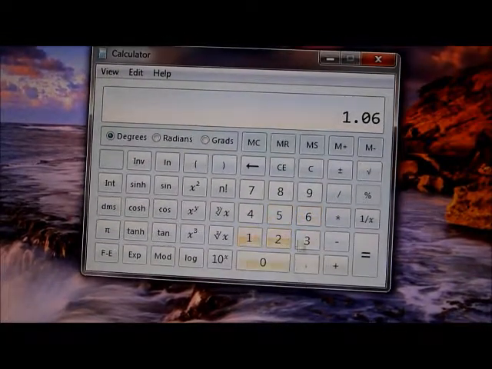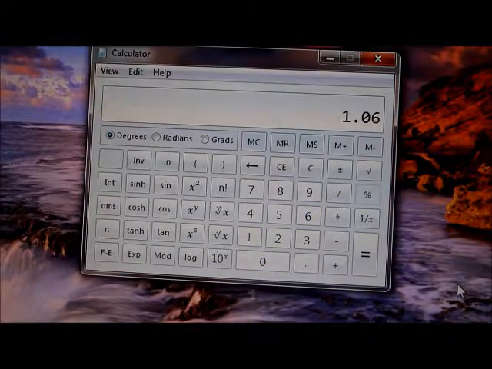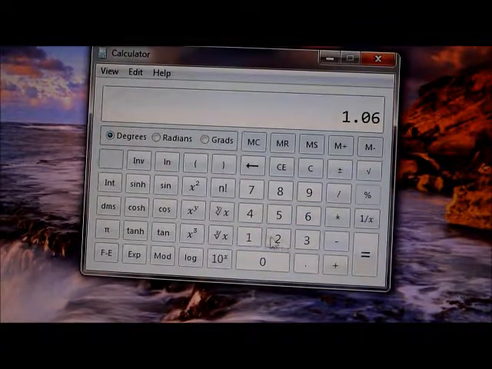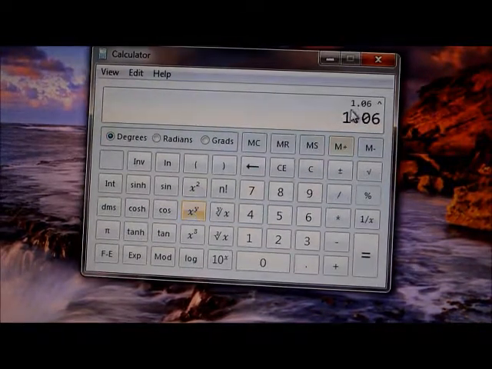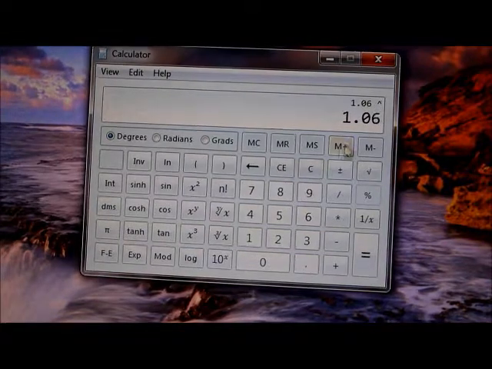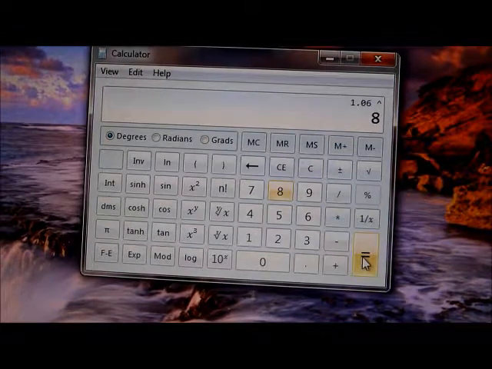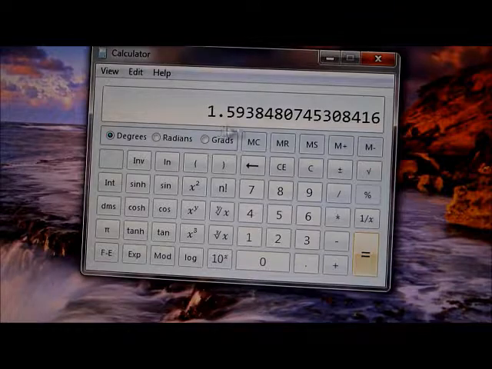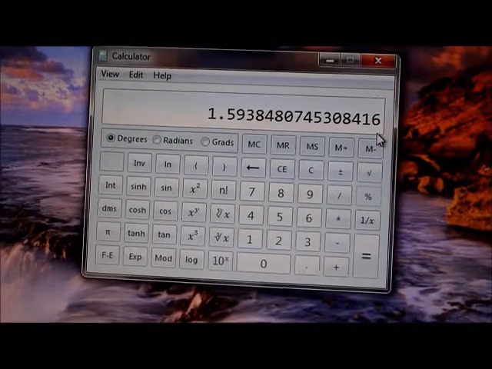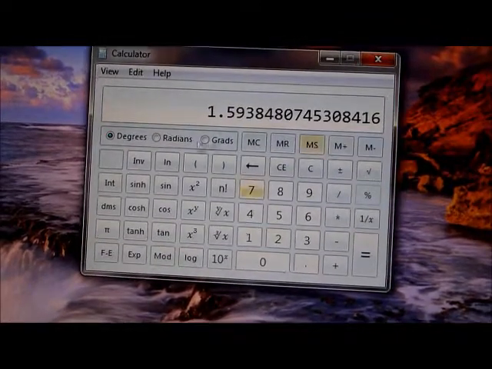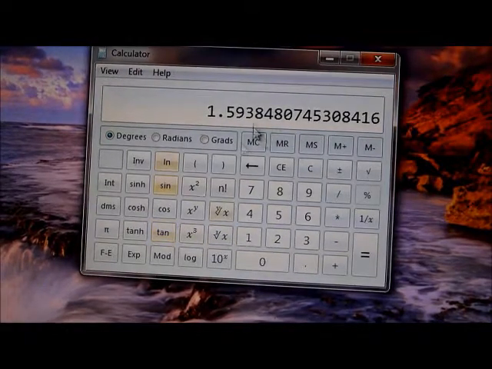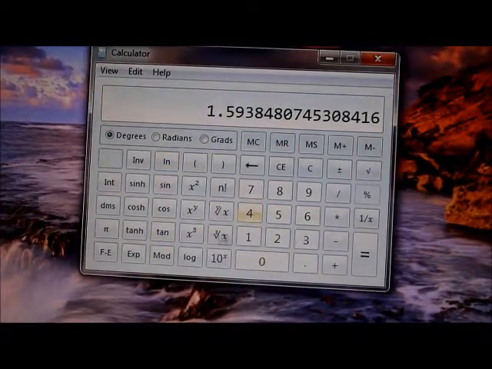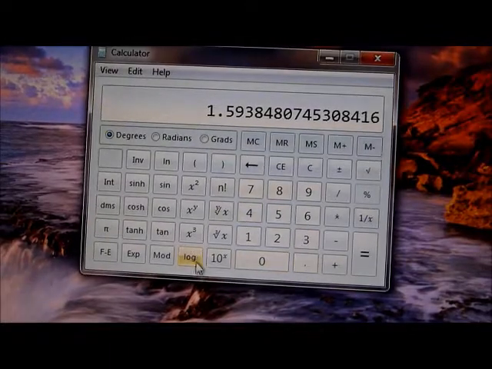But 1.06, and then I'm looking for the, okay, mine was y to the x, this one says x to the y, so we're going to say to the, and do you see it does that caret thing? 8th power, equals, and there it is. Okay, so for those of you who don't have a calculator, you actually do have a scientific calculator on computers. I've never seen a computer that did not have a calculator attached, okay?